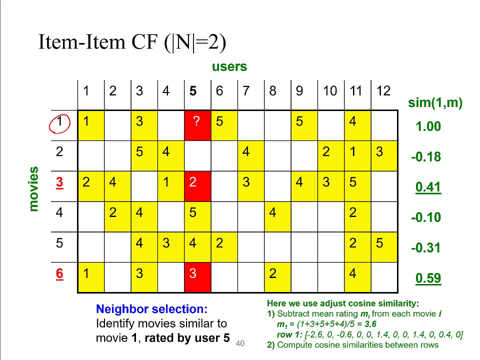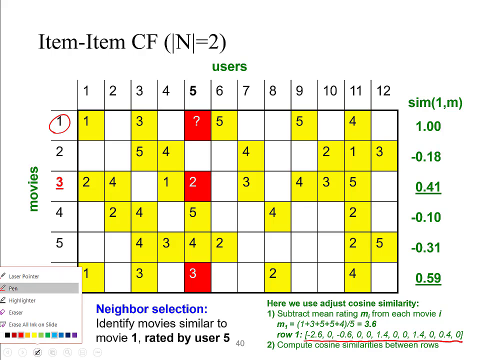That's how we get this row 1. We can do similar things for other rows. For example, let's try it for row 3. The mean rating would be the sum of these 8 cells, which is 24, divided by 8, which is 3.